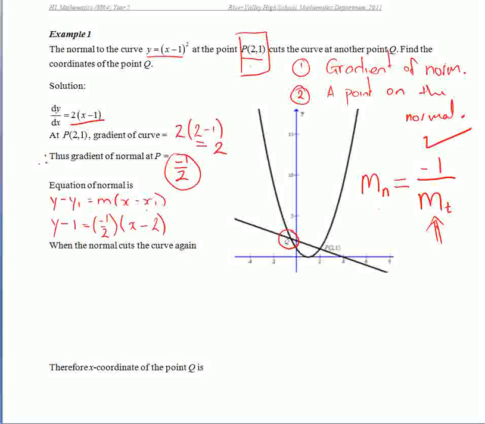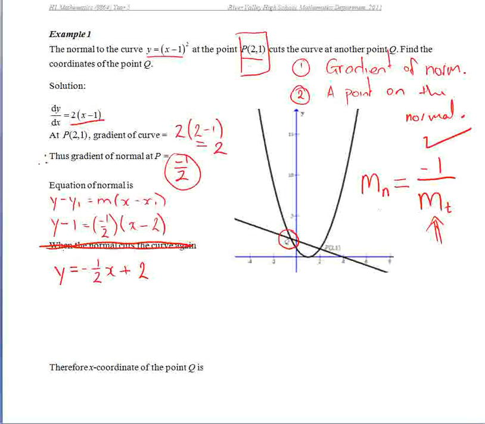If you simplify that, you get y equals -1/2 x plus 2. Plus 1 from -1/2 times -2, and plus 1 from this one coming over.